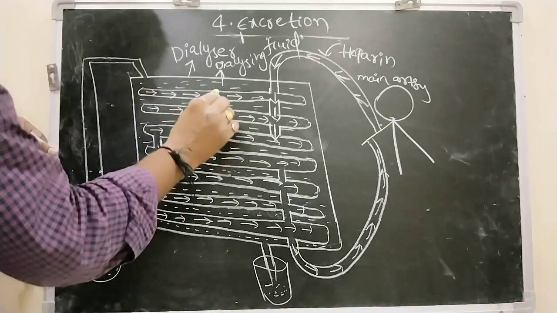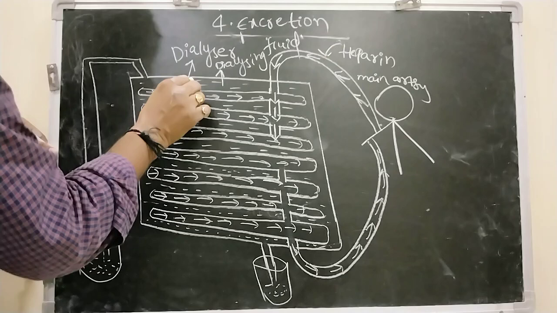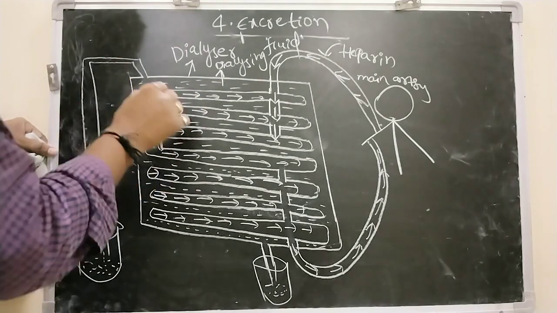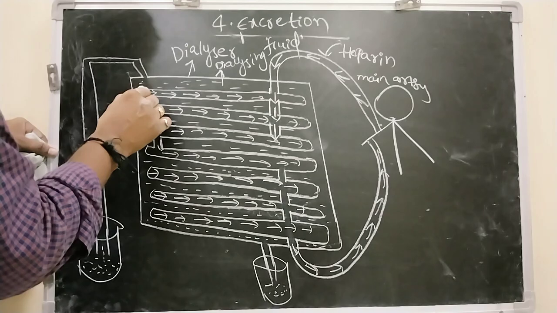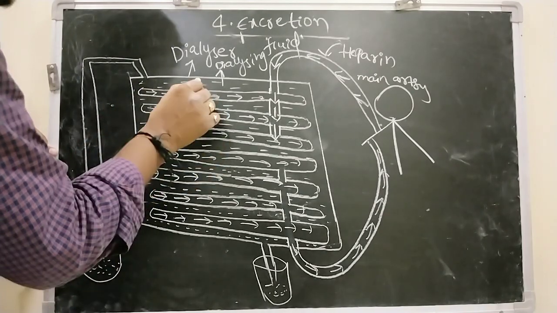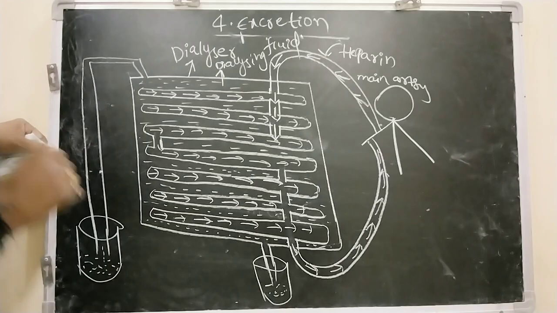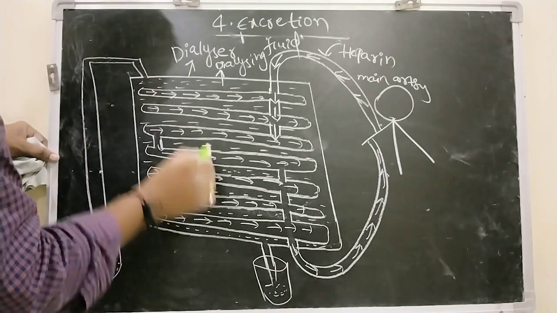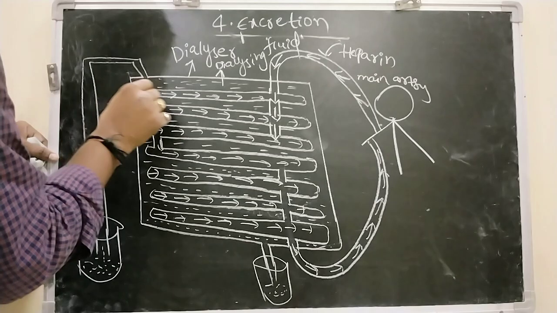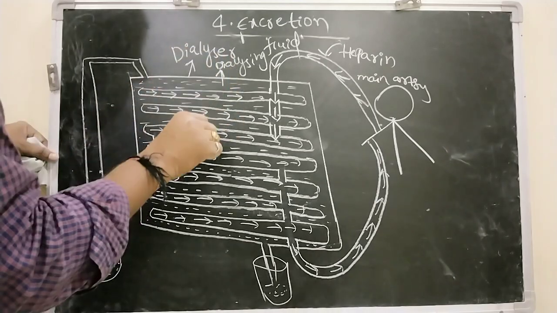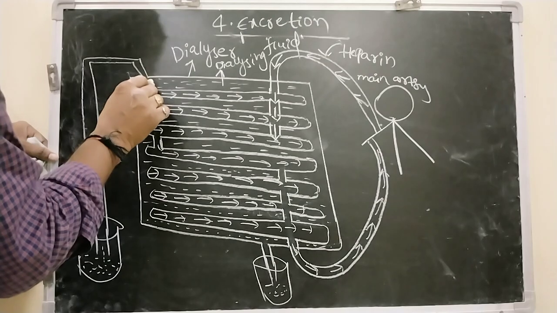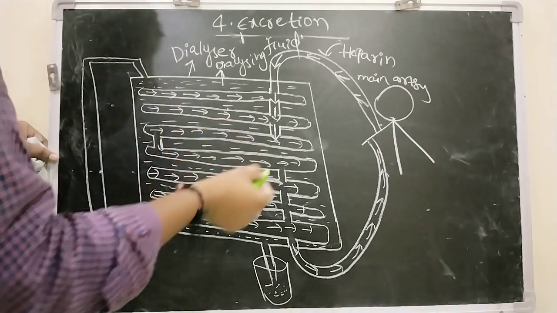Here, through the diffusion process, the solid wastes from the blood enter into the dialyzing fluid. Whatever pure dialyzing fluid is there is going to be impure now. As the impurities are given to the dialyzing fluid, now the blood is cleaned.